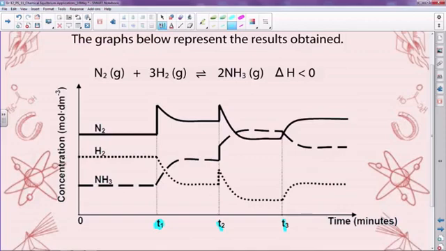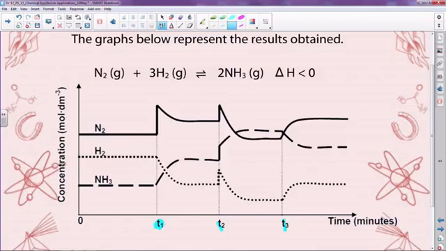What you have to look at, when we look at this graph, is, when the change was made, what happened to the rate of the reaction, in other words, what's the gradient of the graph, and what happens to the amount of each substance we have. It looks a lot more complicated than it really is, all right?